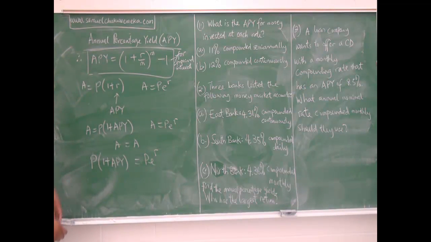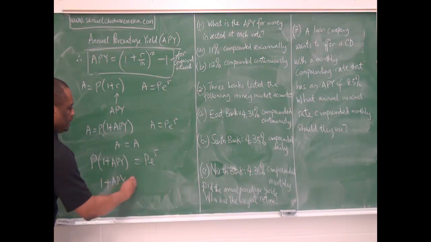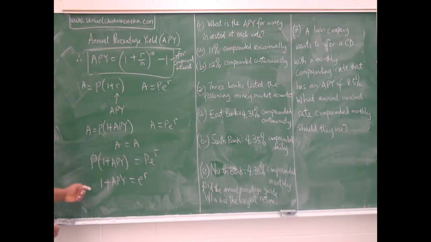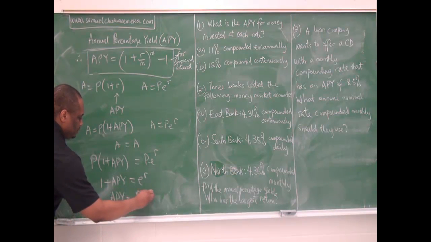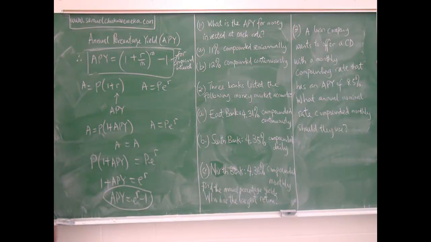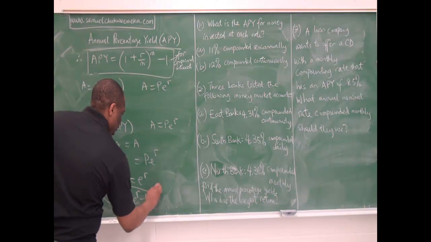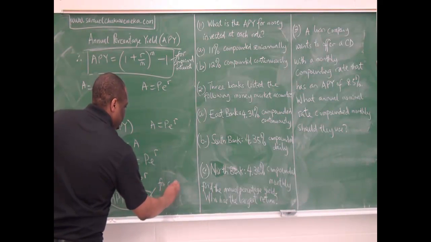Then you divide both sides by P. You now have 1 + APY equal to e^R. And then you subtract 1 from both sides. You now have APY equal to e^R minus 1. This is for continuous compound interest.